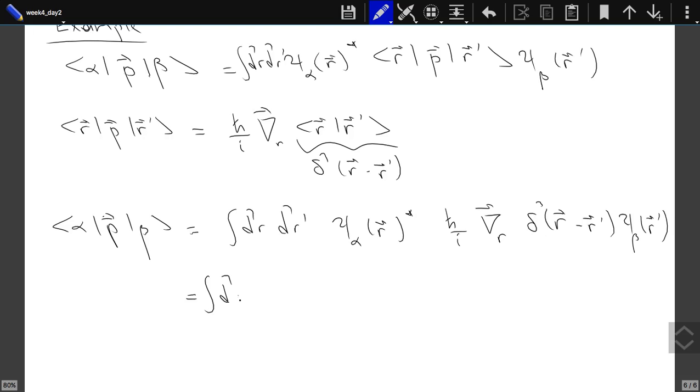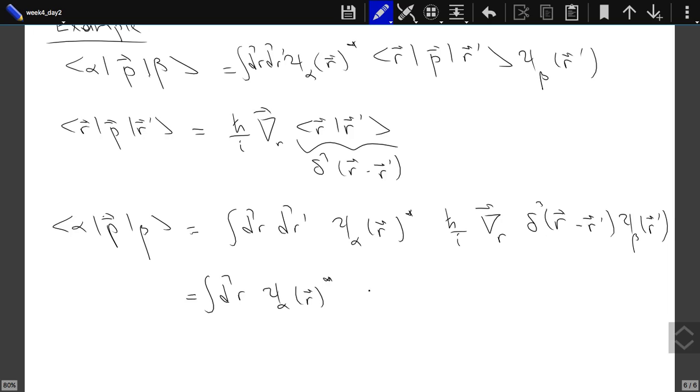This is equal to the integral d cubed r of psi alpha of r star. I have a d cubed r prime integral, but that gradient is with respect to r, not r prime. I can change the order of differentiation and integration because I'm differentiating with respect to some other variable, not the integration variable, and the boundaries of the r prime integral do not depend on r.